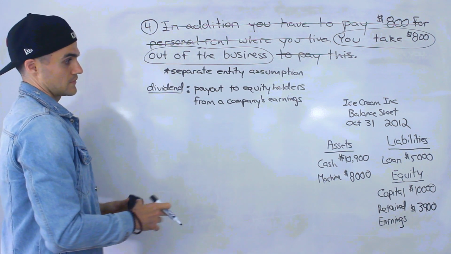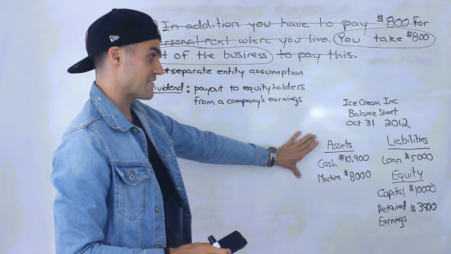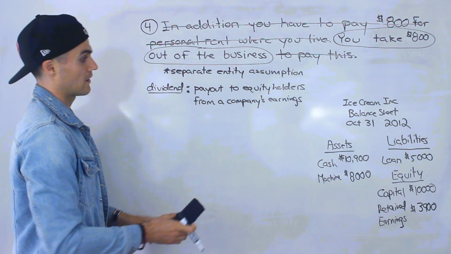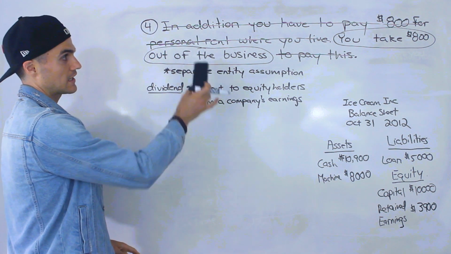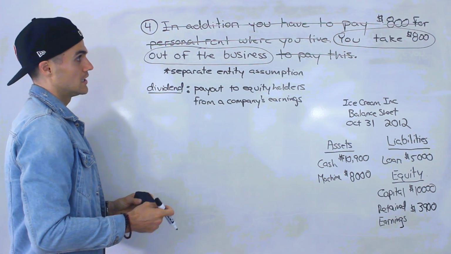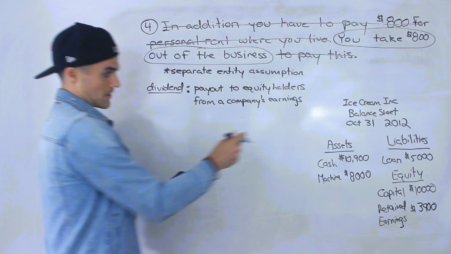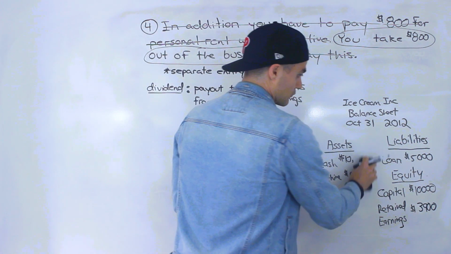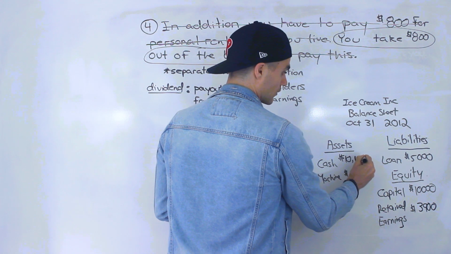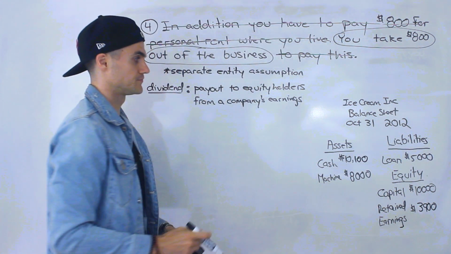Okay, so dealing with the left side of the balance sheet, what's definitely going to go down? Cash is going to go down. We're taking out $800 cash. Remember, all transactions are cash. So 10,900, if we take out 800, then we'll be left with 10,100 of cash.